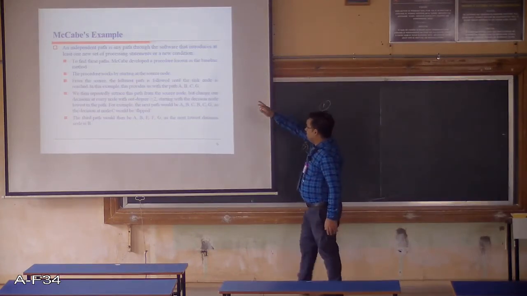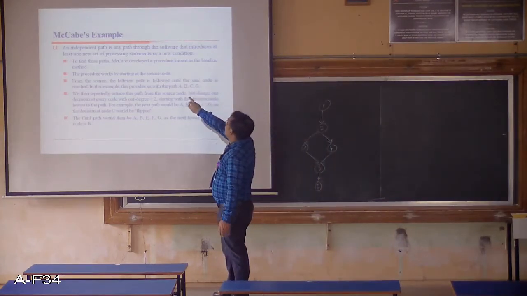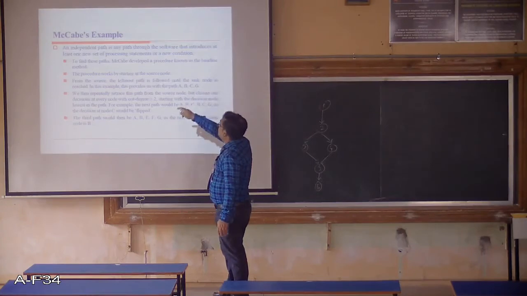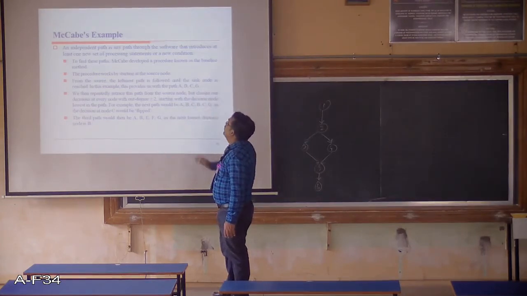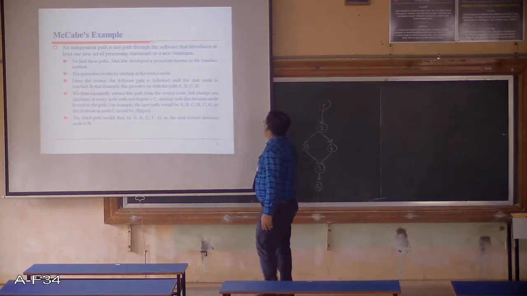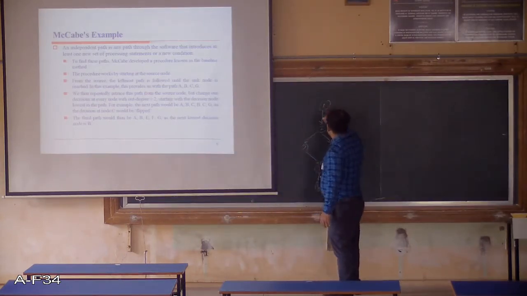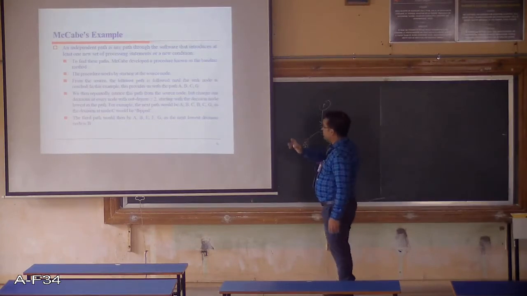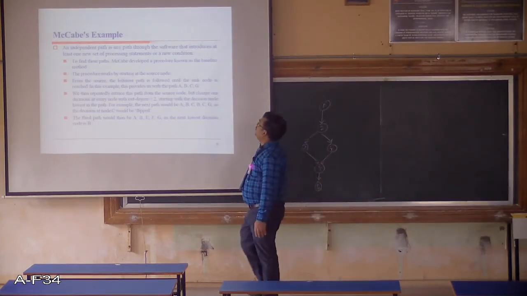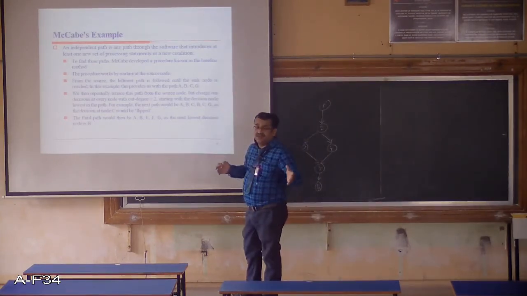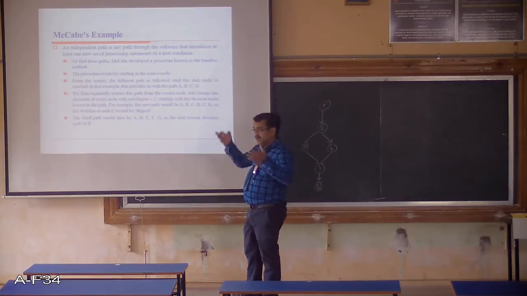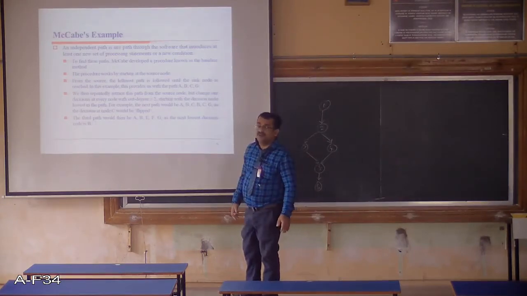So what is an independent path? The independent path is any path through the software that introduces at least one new set of processing statements or a new condition. So 1, 2, 3, 5, 6 is independent of 1, 2, 4, 5, 6 because 3 and 4 are distinct, right? So a new set of processing statements are there. So both these paths are independent of one another.